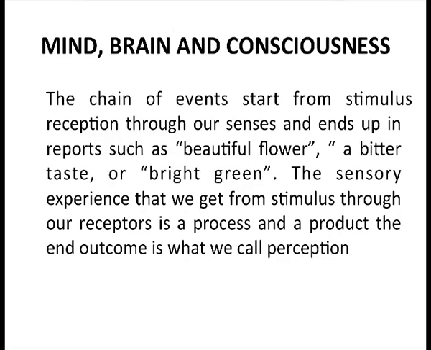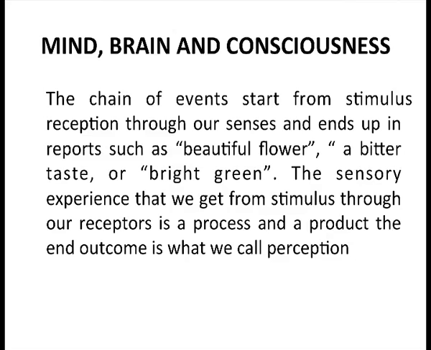However, receiving information from the external world and transmitting the same to the brain is just half the story. The chain of events starts from stimulus reception through our senses and ends up in reports such as beautiful flower, a bitter taste or bright green. That is, how do we give meaning to what we have sensed.